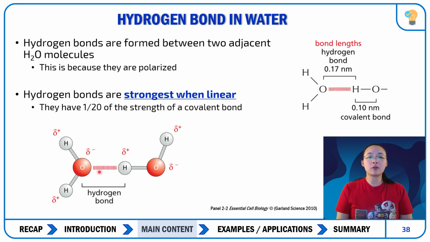Something to remember here is that the hydrogen bond length is known to be 0.17 nanometers, whereas the covalent bond length between hydrogen and oxygen is 0.10 nanometers. So just how close and comparable these numbers are show you how strong hydrogen bonds can be.